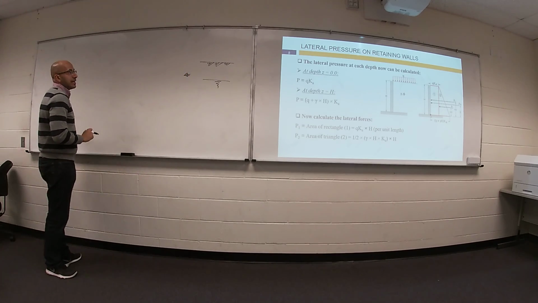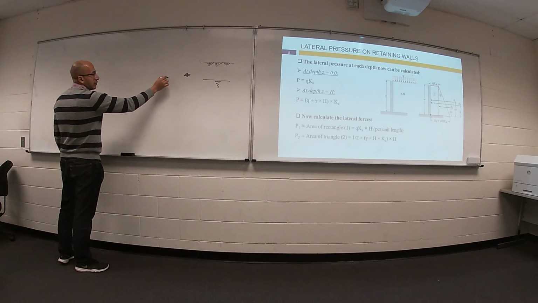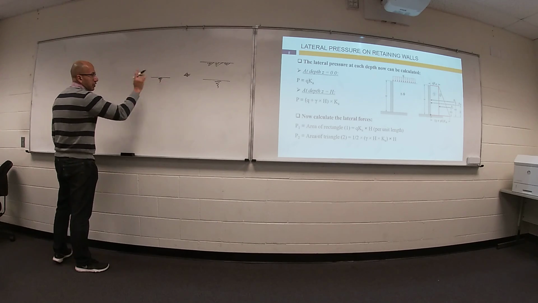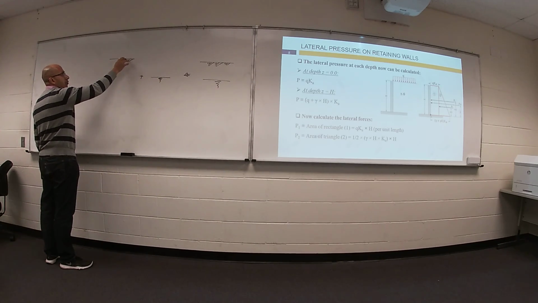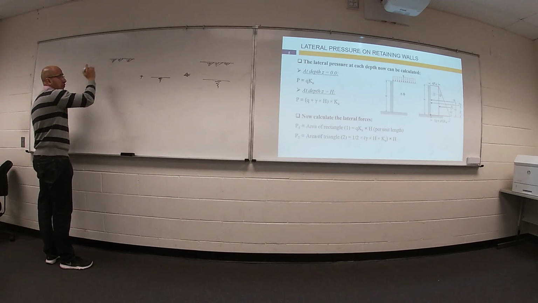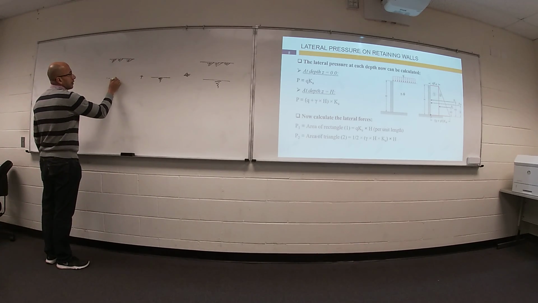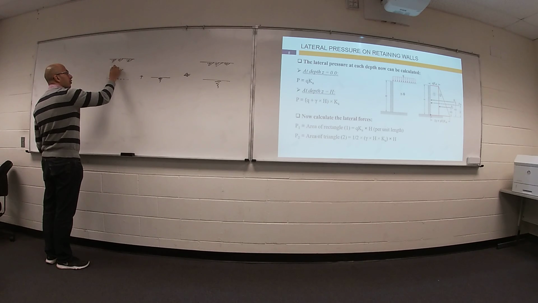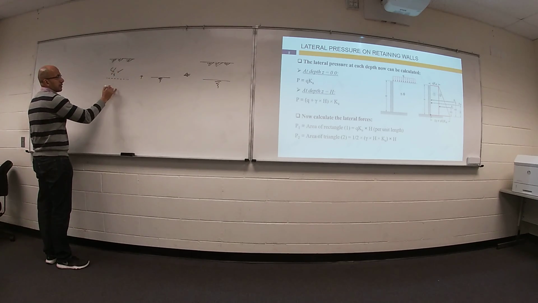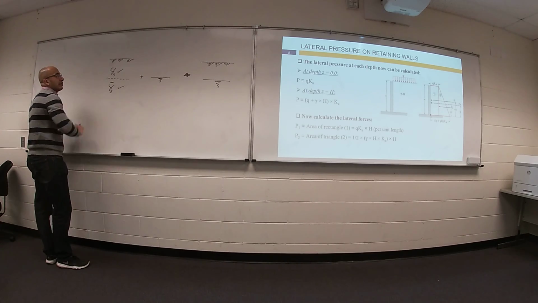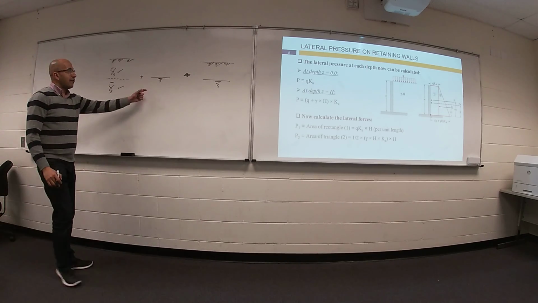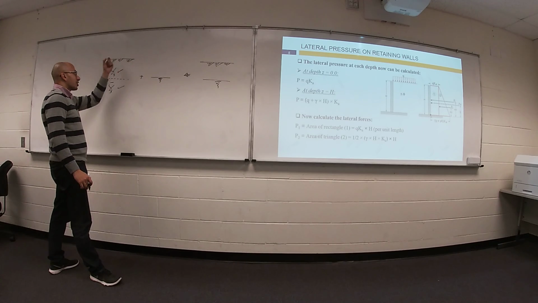This can be done by having water pressure alone, plus soil pressure alone. But remember, for soil pressure, this part I'm going to use gamma soil. But this part, I'm going to use what? Gamma water? No, I have water plus soil.